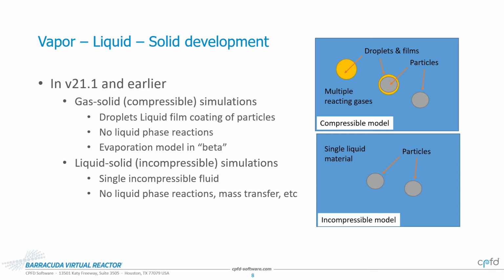The limitation, though, is that there's no liquid film chemistry. It was in a sense a dead end for any compounds that went there. Really, the only option was the evaporation model, which had been in beta for quite a few years.